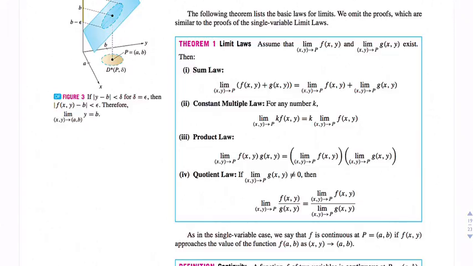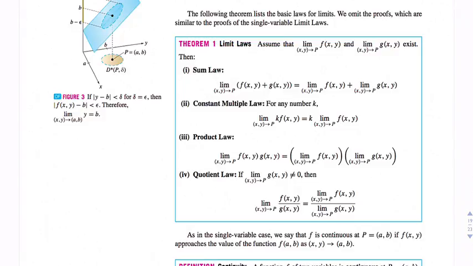The limit of the sum of two functions is going to be the sum of the limits. So it's kind of like a distributing thing, but it's not quite that. But the idea is that the limit of the sum is the sum of the limits.